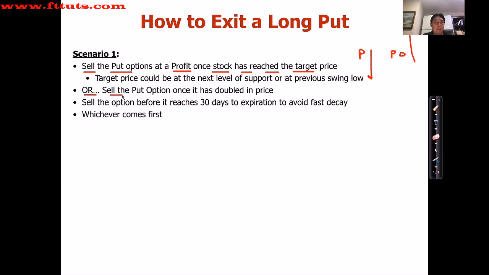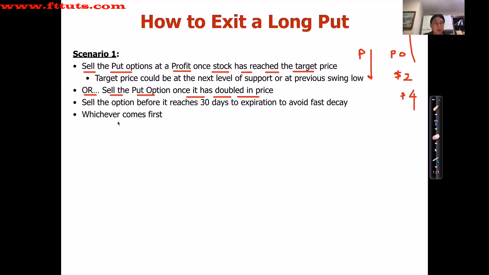Or we can sell the put options once it has doubled in price. So for example, we buy the puts at $2, and the stock price crashes and our puts are now worth $4. So our puts have doubled in price with 100% return, we can exit. Okay, that's a pretty good profit.